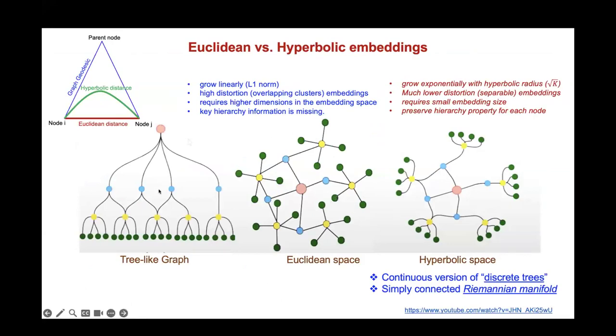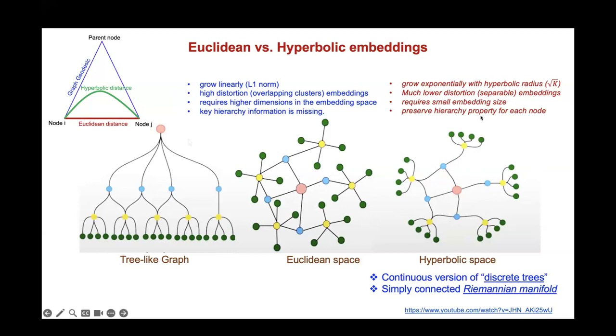This is the Euclidean space embedding a tree-like graph, and this is the hyperbolic space embedding the tree-like graph. In the Euclidean space, the nodes overlap and cluster together, so it requires higher dimensions in the embedding space to embed more nodes.